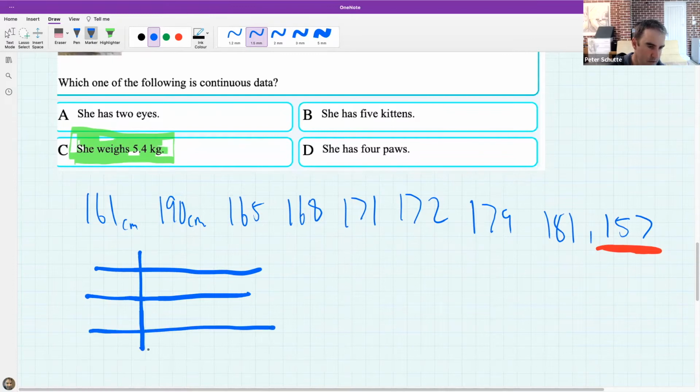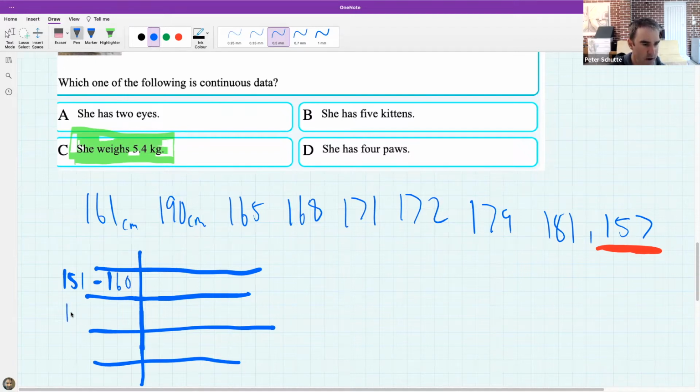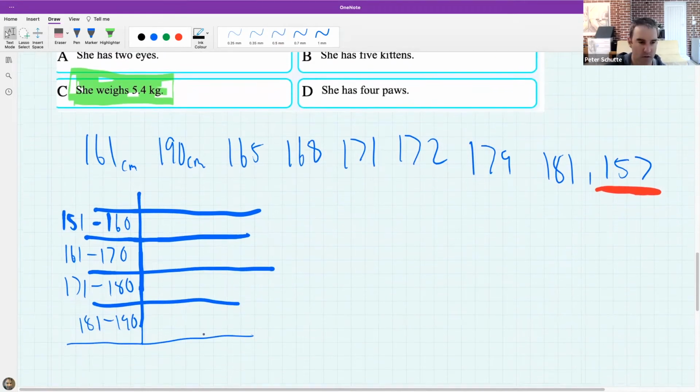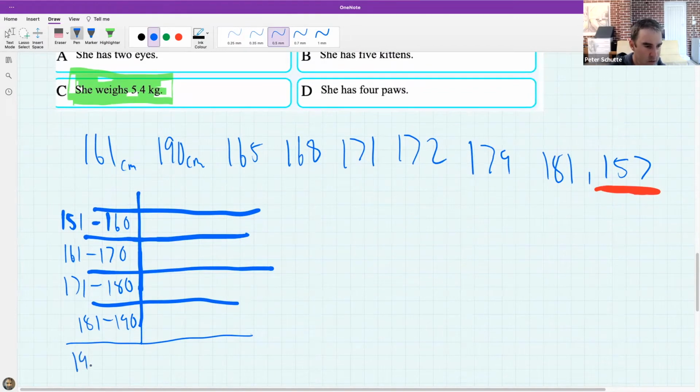Let's say 150 to 151 to 160, and then 161 to 170, 171 to 180, 181 to 190, excuse my funny drawing, and then 191 to, let's say, 200 or 2 meters.